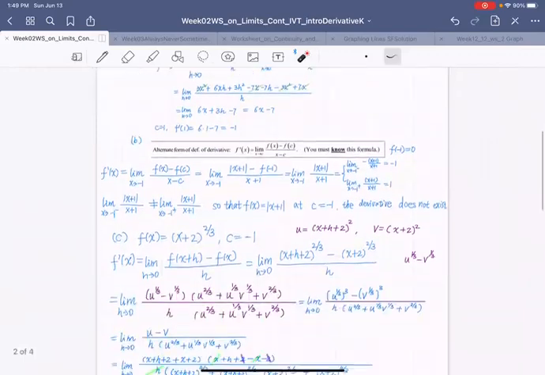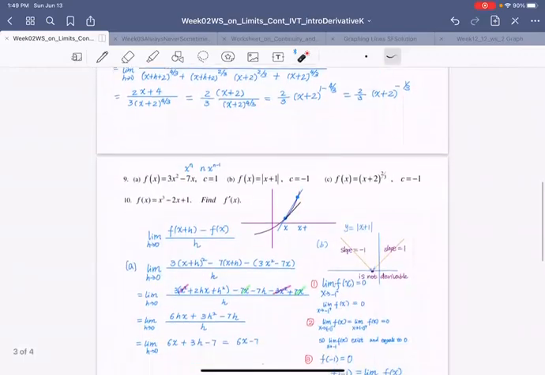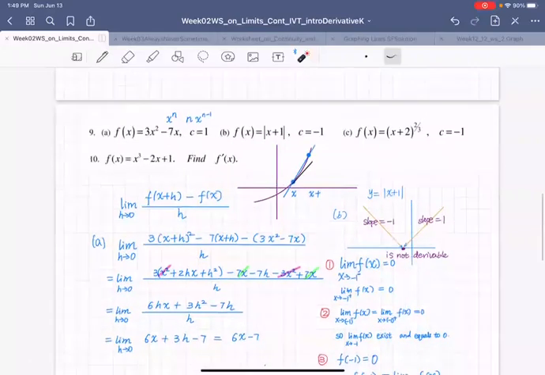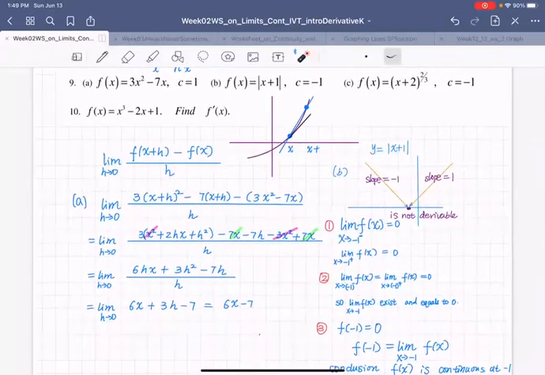Definition of derivative. So here I need to introduce the definition of derivative. We learned so many different functions. We learned linear functions, quadratics, polynomials, rationals, radicals.